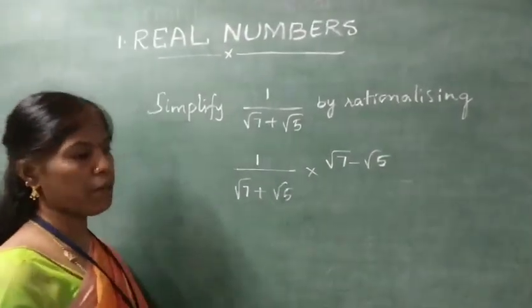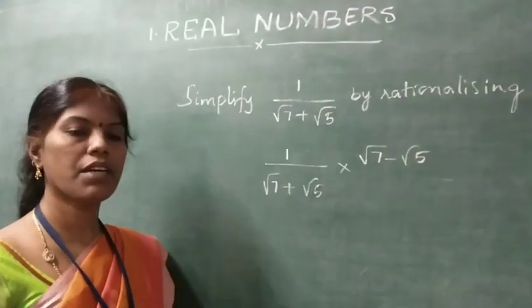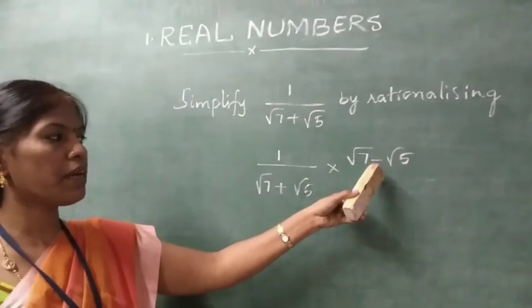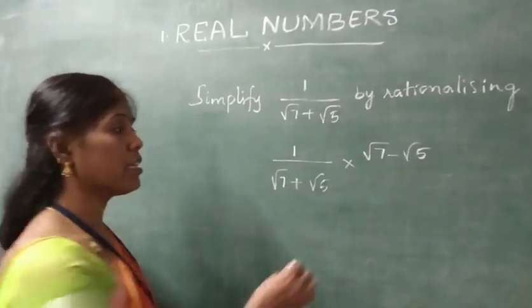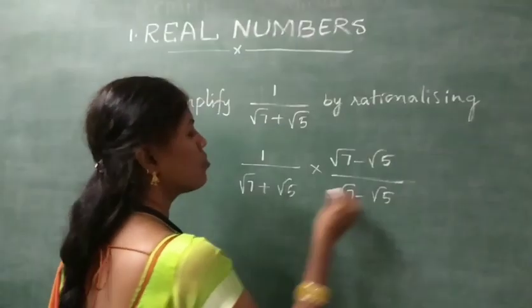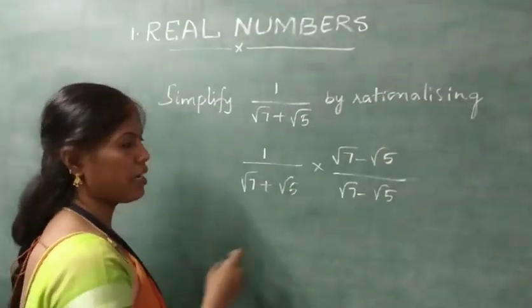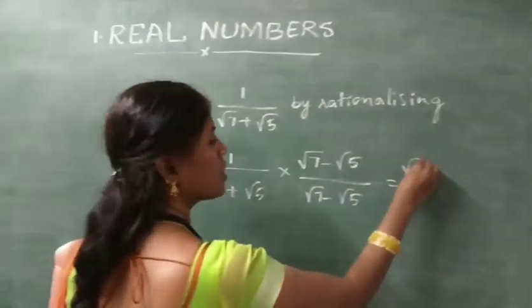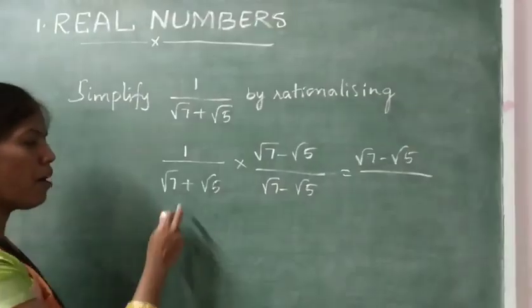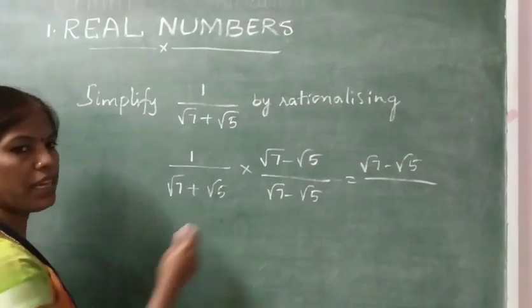Whatever operation we do for the numerator, we have to do for the denominator also. So I have written the numerator, and we have to write the denominator also: root 7 minus root 5. If you multiply, you have to divide. So 1 into root 7 minus root 5 by, now it is in the form of a plus b into a minus b.